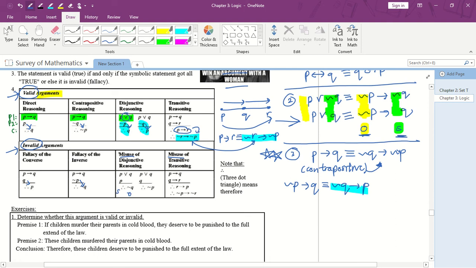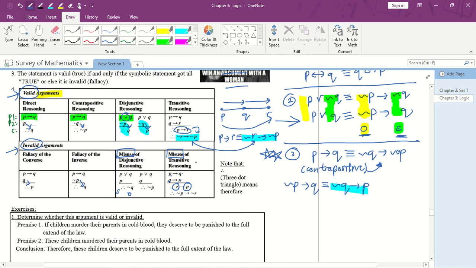That's why it becomes misuse. And of course, misuse in the transitive reasoning: P to Q, Q to R is supposed to be P to R. However, it changes to R to P, which is not supposed to be.